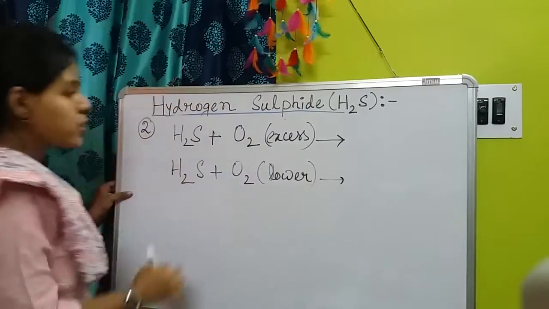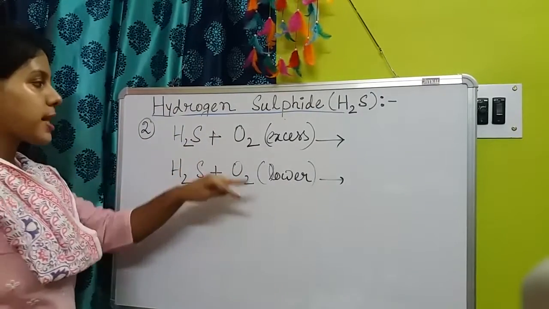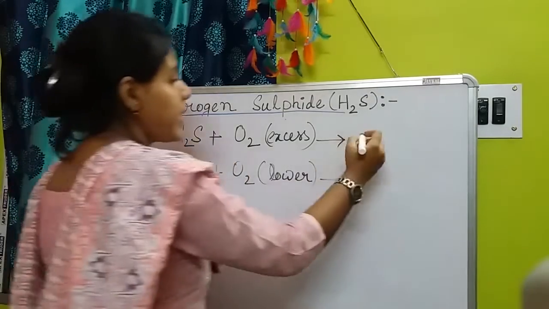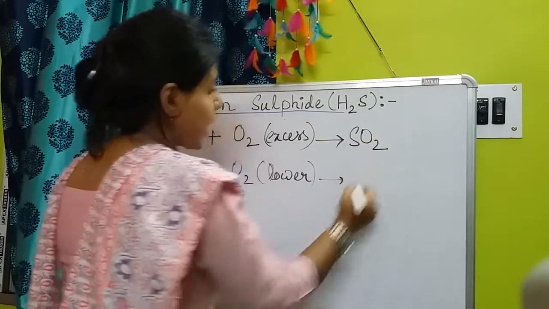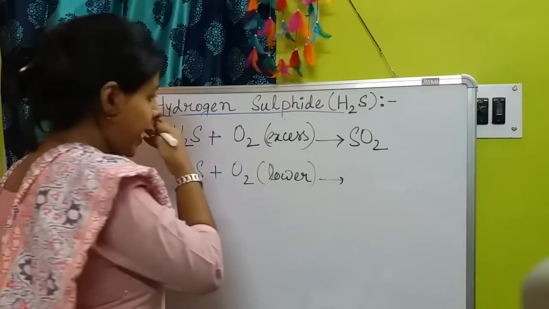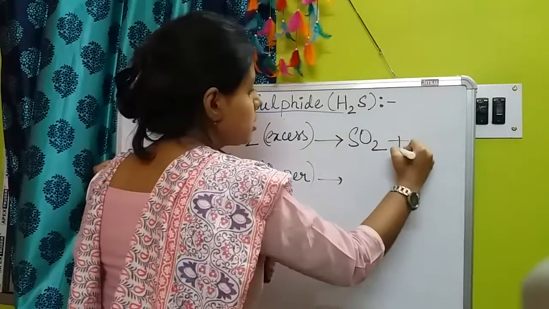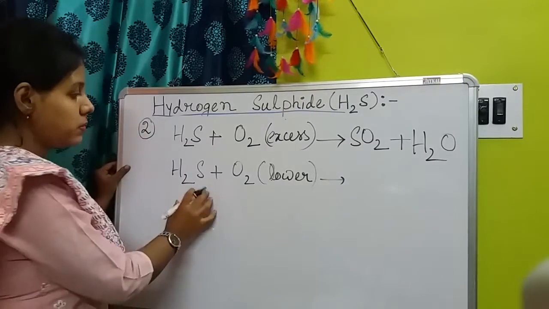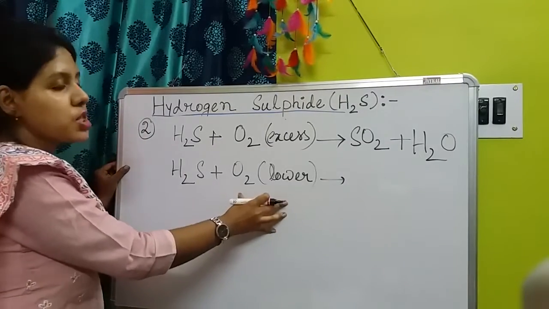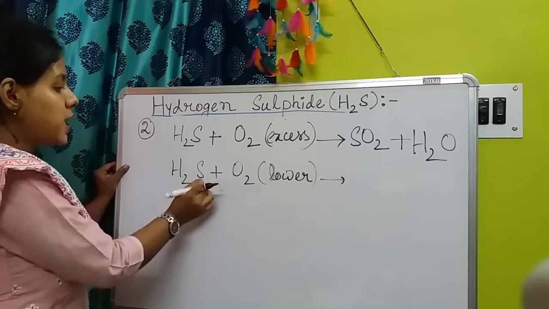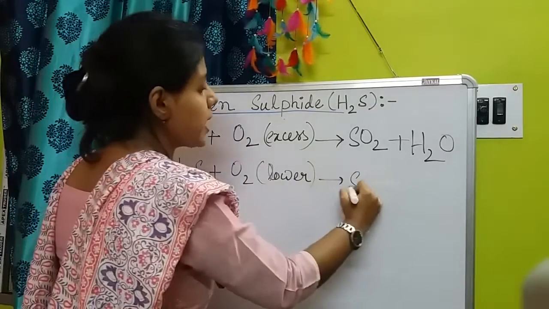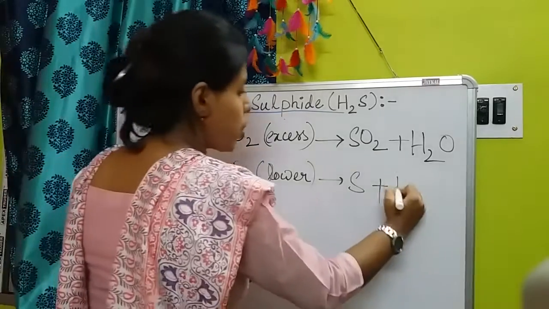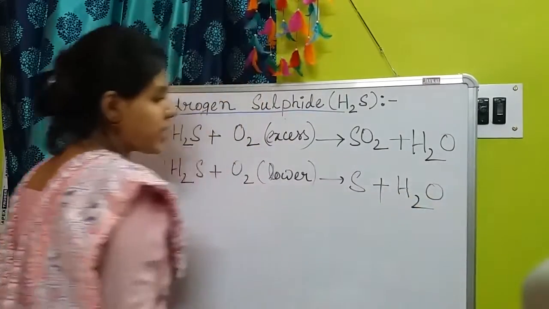When we take oxygen in excess amount, sulfur will react with oxygen making sulfur dioxide, SO2, along with the formation of water, H2O. And when oxygen is taken in lower amount, the sulfur will be released only and oxygen will combine with hydrogen making water.